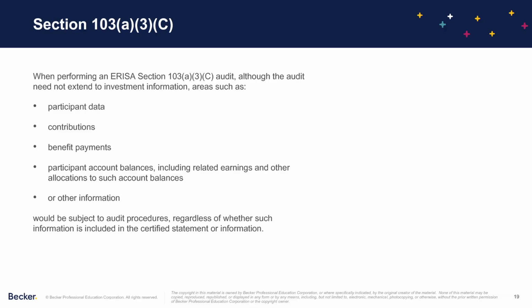And so long as these statements or information regarding assets are prepared and certified accordingly under the Code of Federal Regulations, Title 29, Section 2520.103-5 for the Department of Labor Rules and Regulations for reporting and disclosures under ERISA, they have the procedures that you would perform when an ERISA audit is performed.